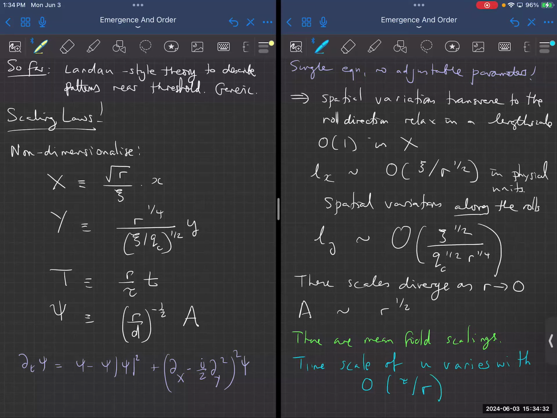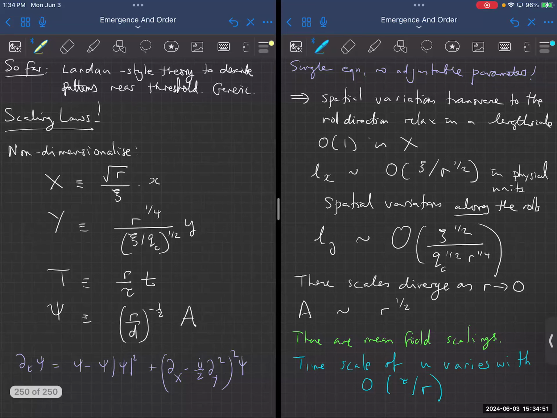So again, the timescale diverges as a linear power of the small parameter. Okay, so that's how we can apply critical phenomenon thinking to patterns. All right.